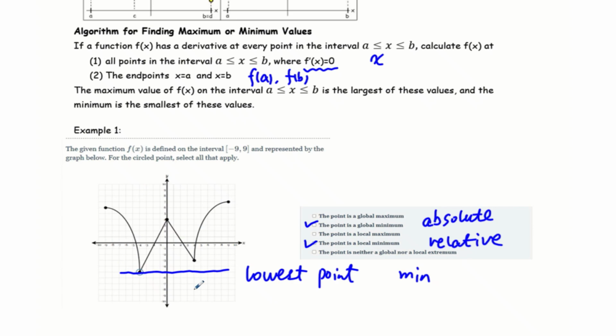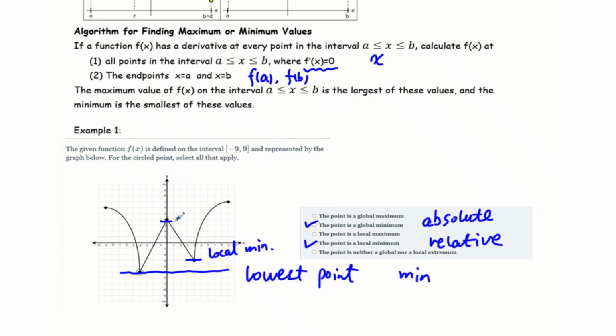And also from this graph, although it didn't ask us to determine the other points, we just want to practice more. This point is not the lowest point, but at this interval it is a minimum point, so we call it local minimum.